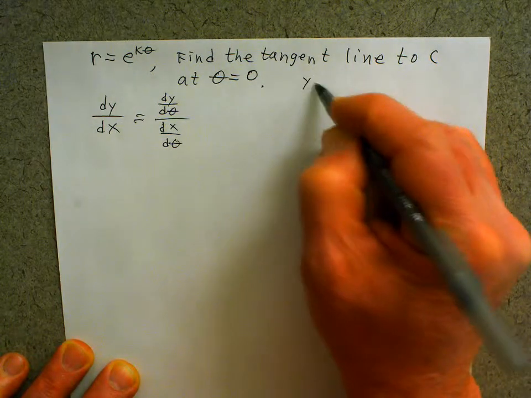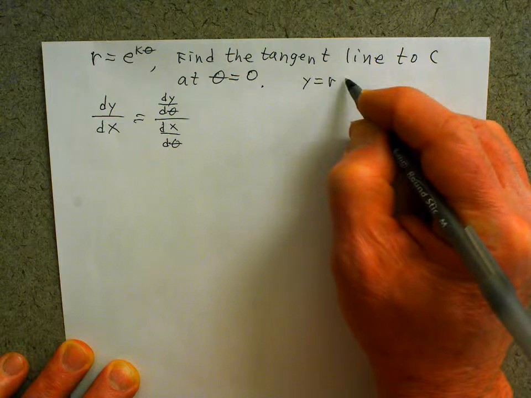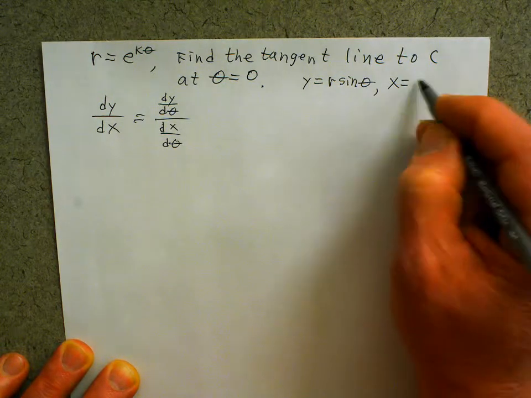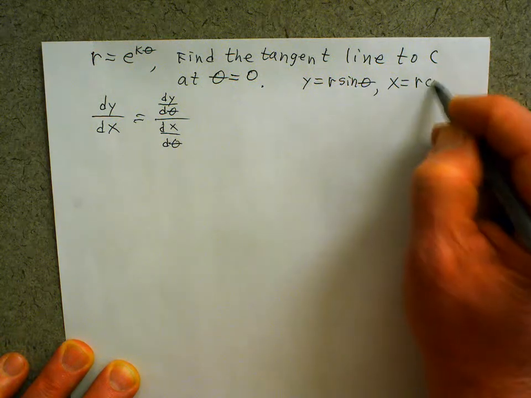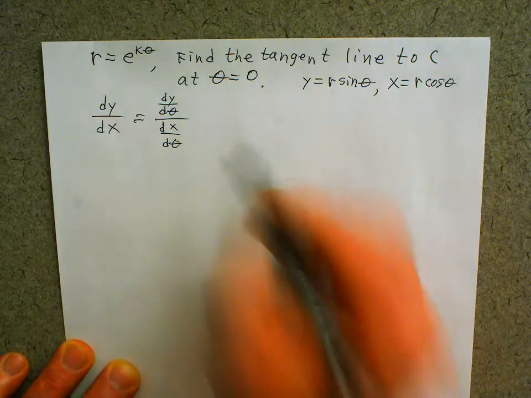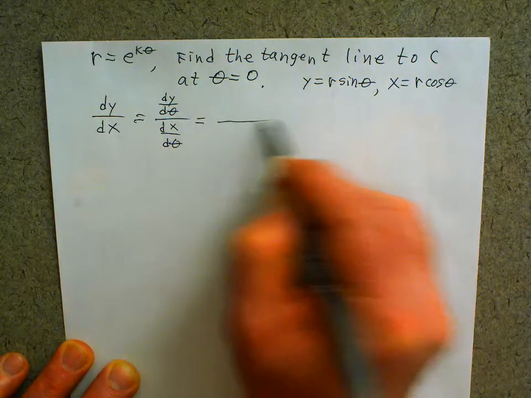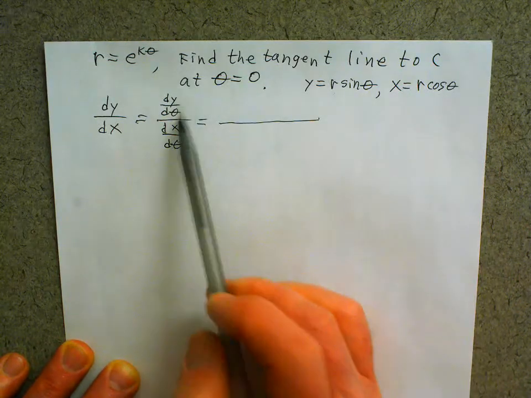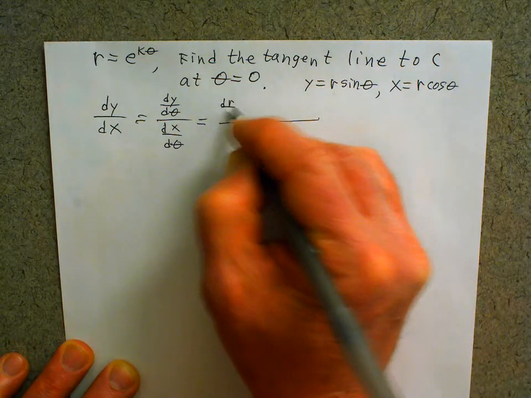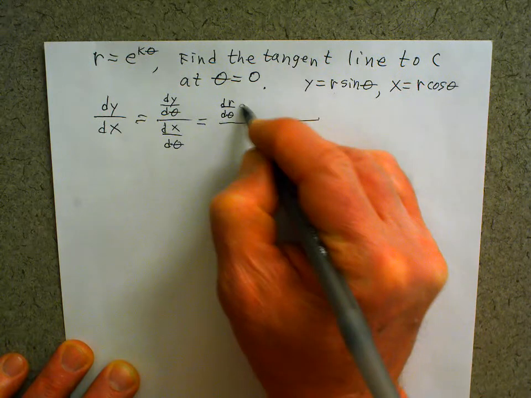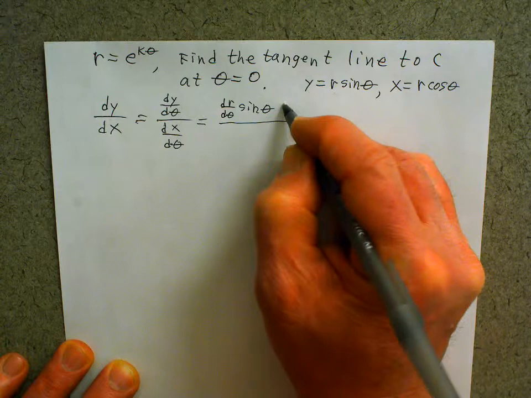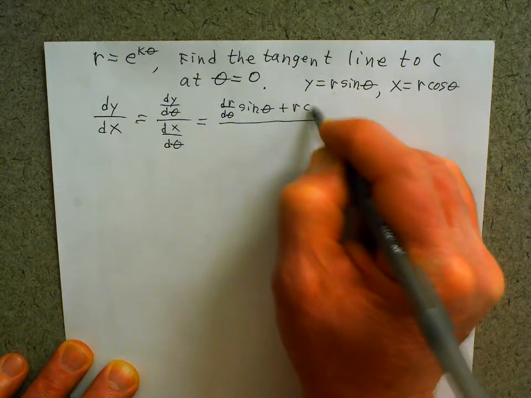So we're using y equals r times sine of theta and x equals r times cosine of theta, where r is a function of theta, so we use the product rule. The derivative of y with respect to theta using the product rule is dr d theta times sine of theta, and then plus r times cosine of theta.